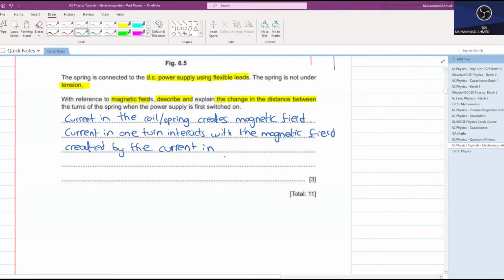You can write it like this: in another turn, or you can further rephrase it like this: in the corresponding turn. Current in one turn interacts with the magnetic field created by the current in the corresponding turn.